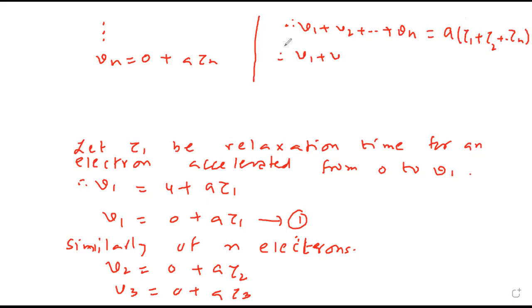Therefore, V1 plus V2 up to Vn divided by n is a times tau 1 plus tau 2 dot dot dot up to tau n divided by n. Please copy this much.